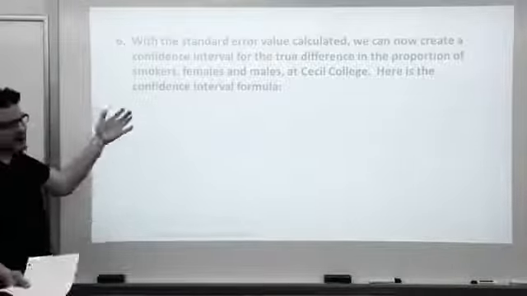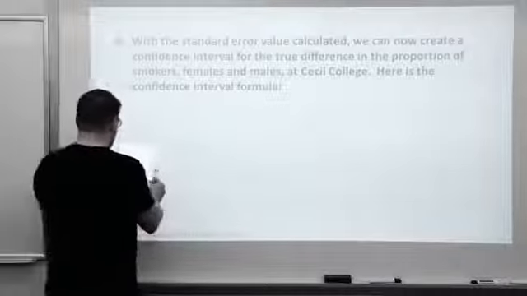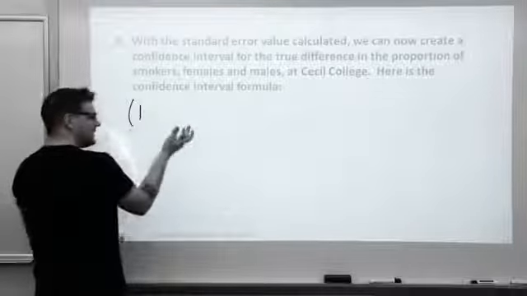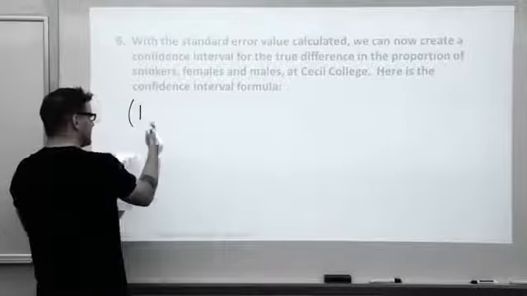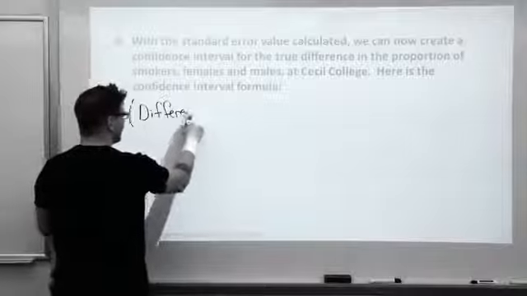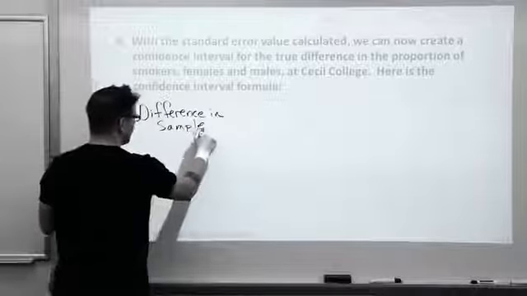Here's the formula. We're really starting to get a little messy here. It's still my best guess, plus or minus margin of error. And so here's the best guess. Over on this side, this is going to be the difference in sample proportions.